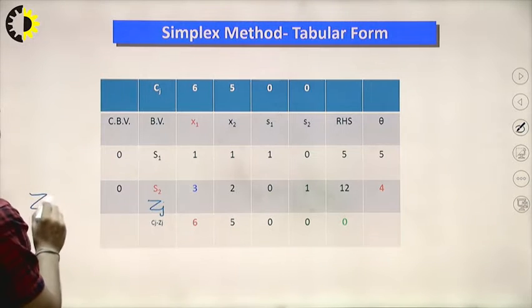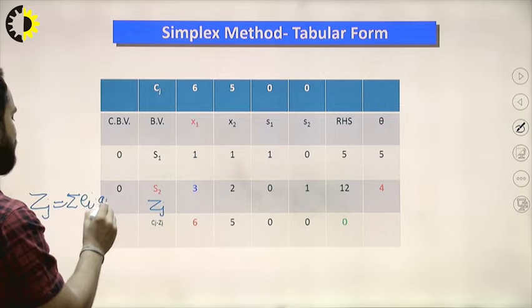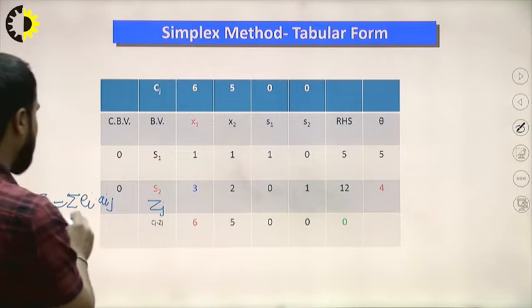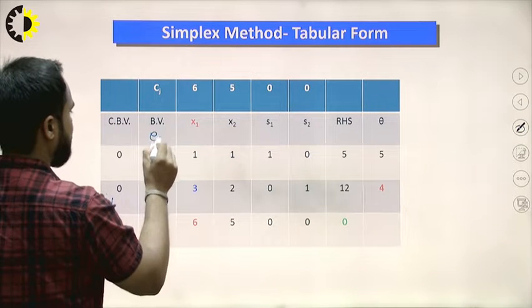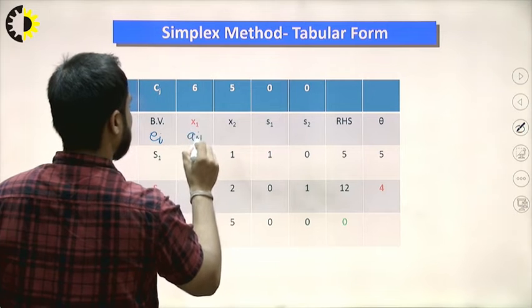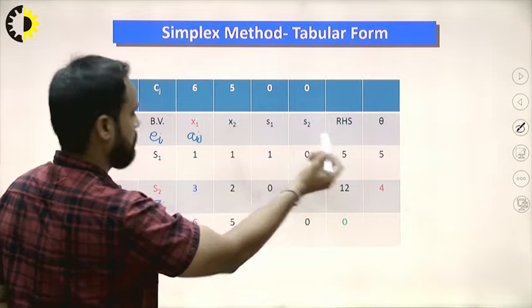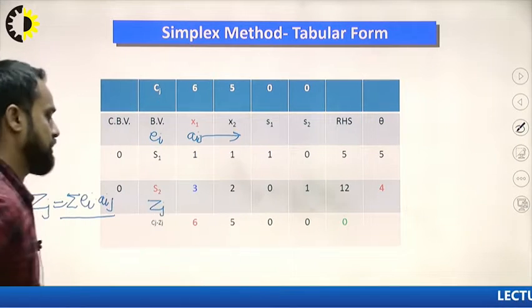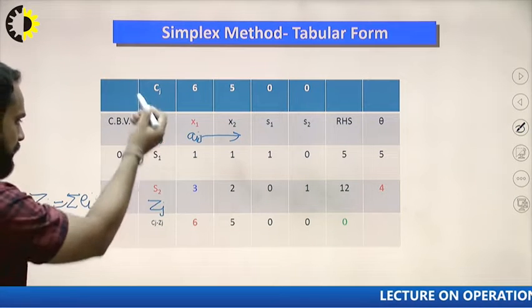Zj is nothing else than the algebraic sum of Ei into Aij. Ei represents the coefficients of the basic variables, and Aij represents the entries like A11, A12, A13. So Zj is the algebraic sum of the multiplication of Ei into Aij.